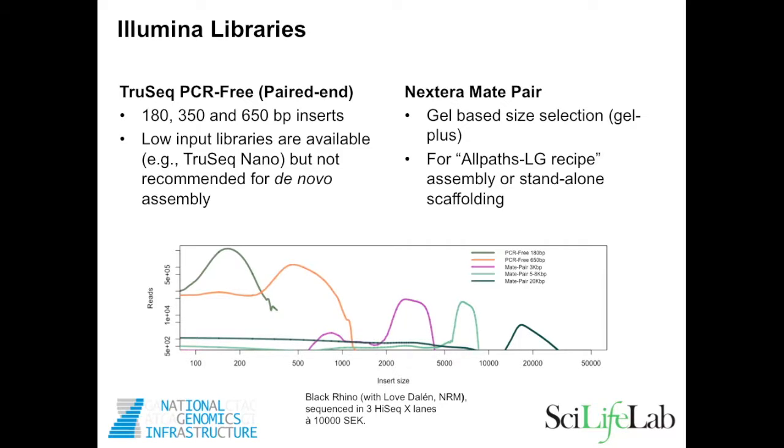So the idea of using these libraries is to follow what we call the ALLPATHS recipe. And as you can see on this log plot on this slide, it gives you the idea of what it's about.